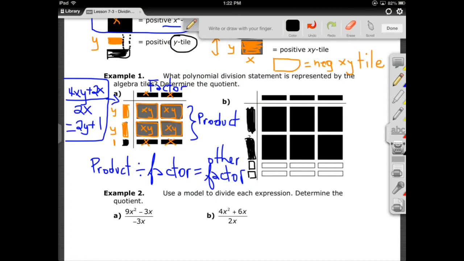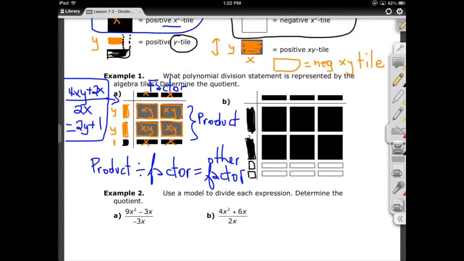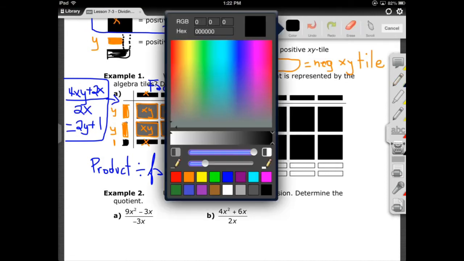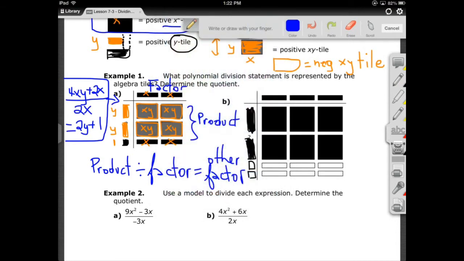But our constants must have been white because these turned white on us. So let's grab a color here. I'll go with blue. So let's write in what we have. We've got x squareds, 6 of them in fact. That's why coefficients are so darn useful. It says how many of them you have. And these are negative x values.